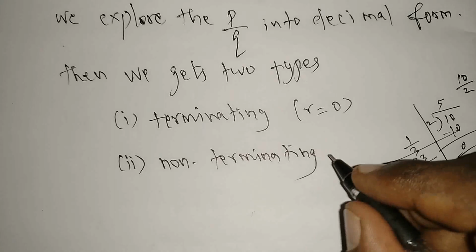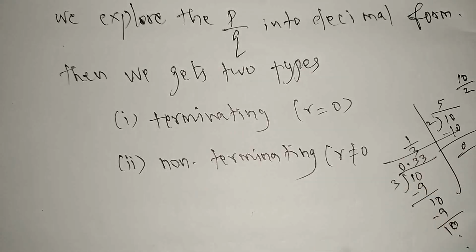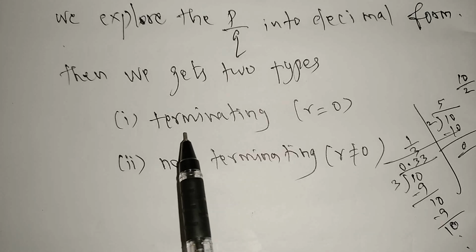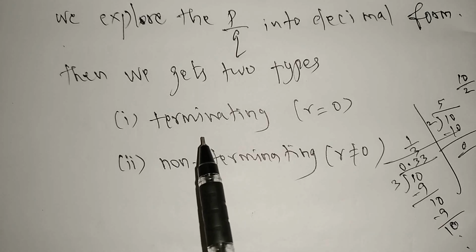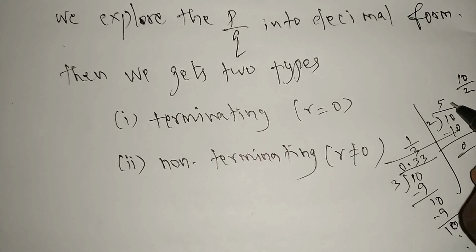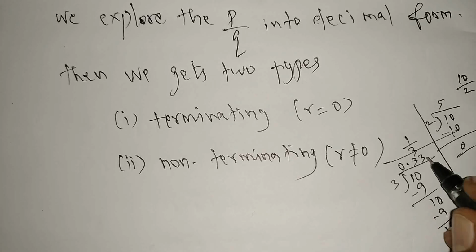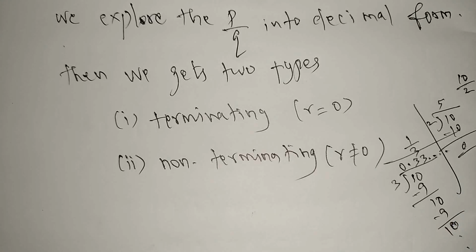Terminating means you get remainder 0 and the quotient has an end value, but in non-terminating there is no end value; it will continue.